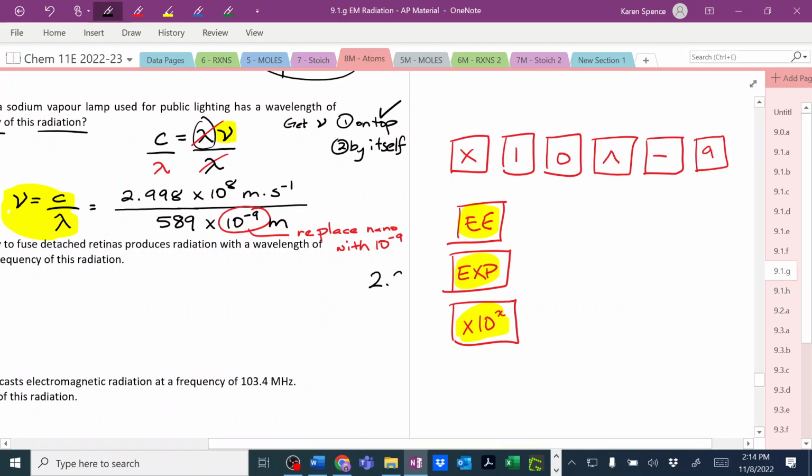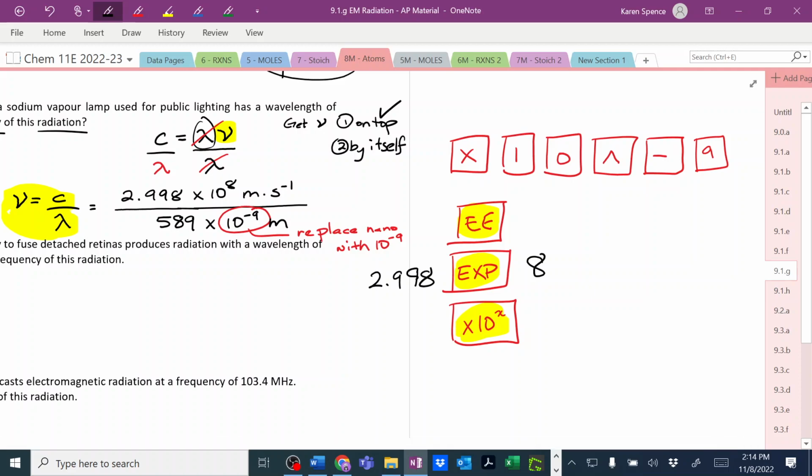So if you type in 2.998 EXP 8, it says that is all one number, you don't need to bracket it. Yes? You do not need to put brackets around that.